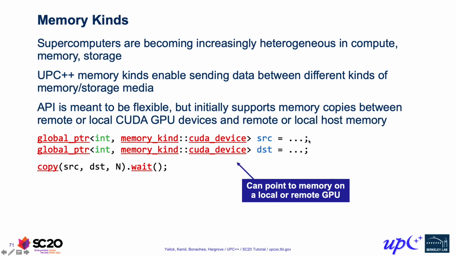And so this references memory that actually lives on a device as opposed to on host memory. Then we can pass global pointers representing any combination of local or remote host or device memory to initiate an asynchronous copy operation between those locations. And of course, this is asynchronous as all of our other communication operations, so we get a future back which we can then wait on.